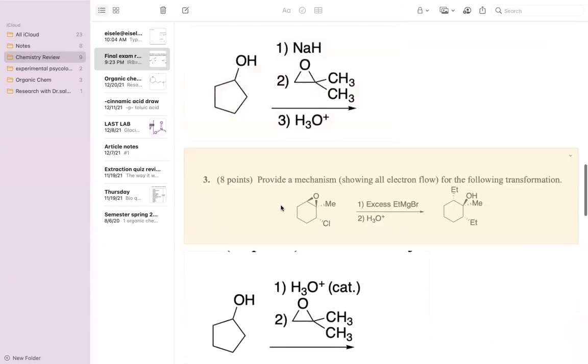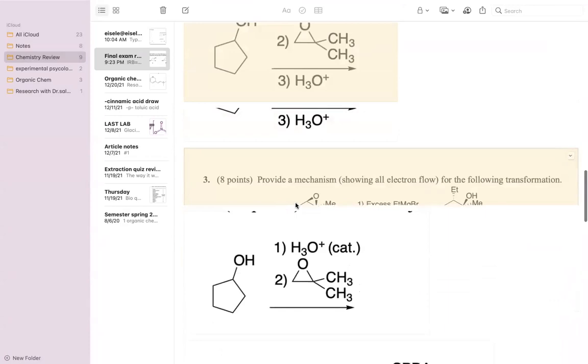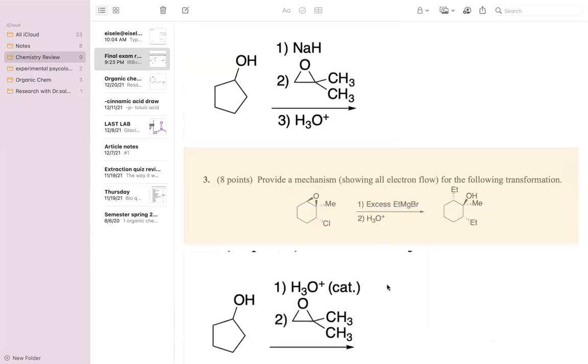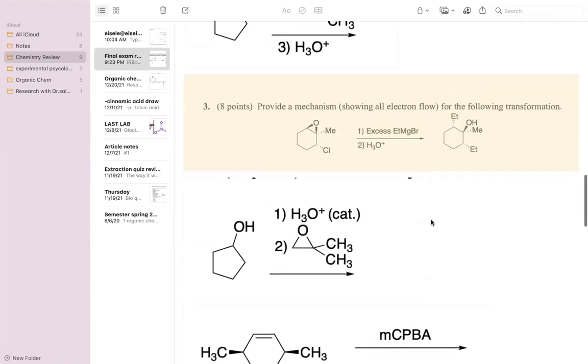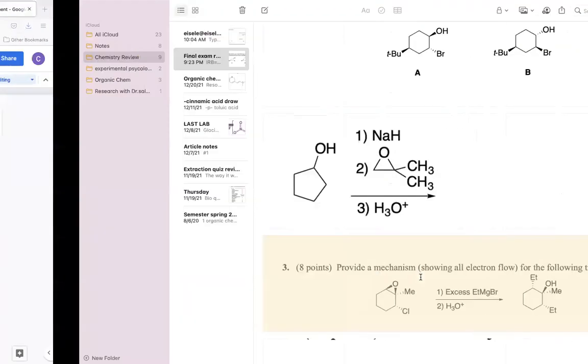I don't know, this was a little more challenging. I don't know if I want to do this right now, but let me see. Let me see my classes. I have my last exam from last semester. It's up to you guys. I have a mechanism problem here. It's a little challenging, but we could do this, or we could just continue to do reactions.